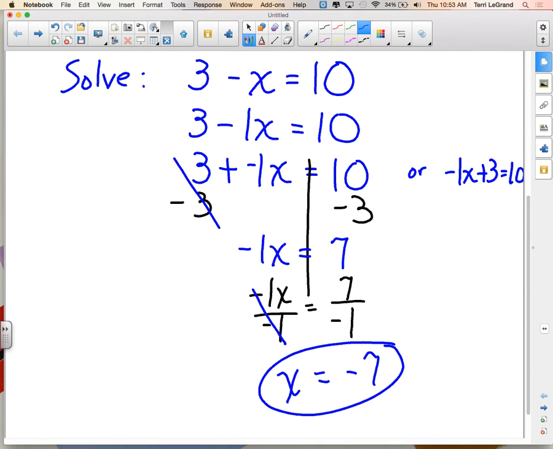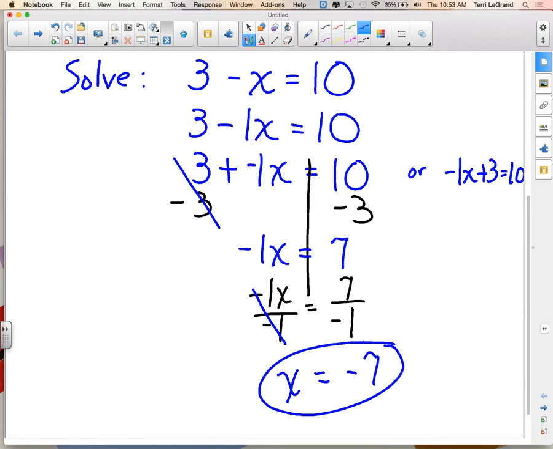How about our 13? Let's try that one. 3 take away 13 equals 10. How's that one? What is 3 take away 13? Negative 10. It's negative 10 because you can't take a bigger number away from a smaller number and end up with a positive 10.